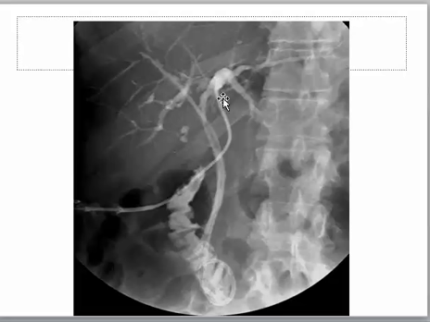So there is a PTC tube showing the biliary system. Never mind about these stents.